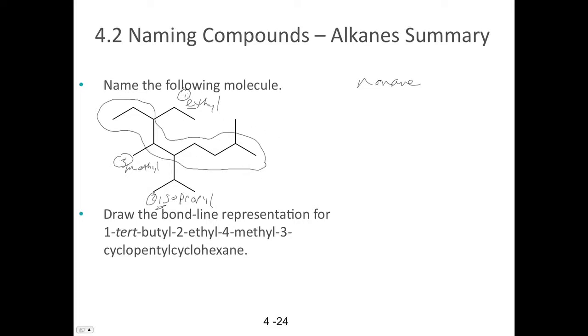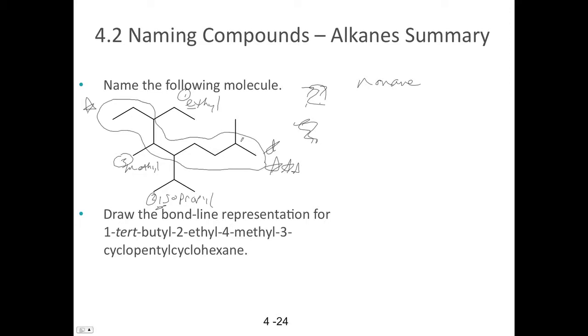So now we've seen the way we've had to list them in order. Now we just have one more thing to do: assign each of the locant numbers. Do we start from this side here, or do we start from this side here? My guess is going to be this side. Why?